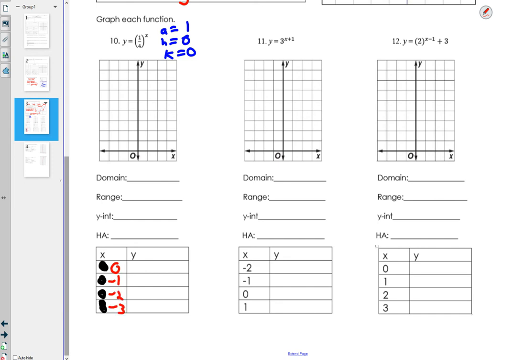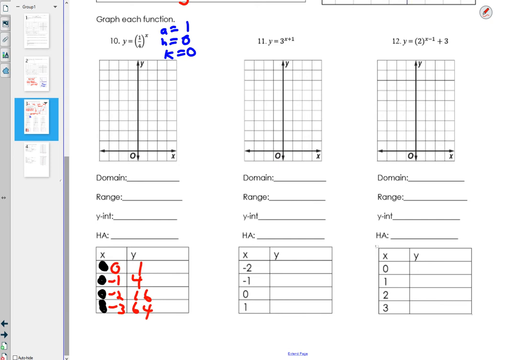What's 1/4 to the 0 power? What's 1/4 to the negative 1? What's 1/4 to the negative 2? 16, good, and then 1/4 to the negative 3 is 64. So it doesn't look like a lot of these will fit.